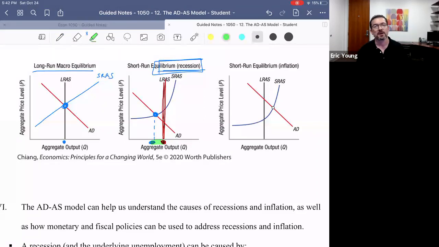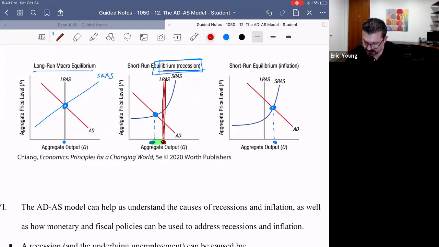And finally, over here in our third panel, we have another situation. Again, we'll use highlighter for contrast. Here you see that our AD curve and our SRAS curve, that's our short run equilibrium, intersect right here at this dot. You drop a line down, and here in blue, we have the economy's actual output.